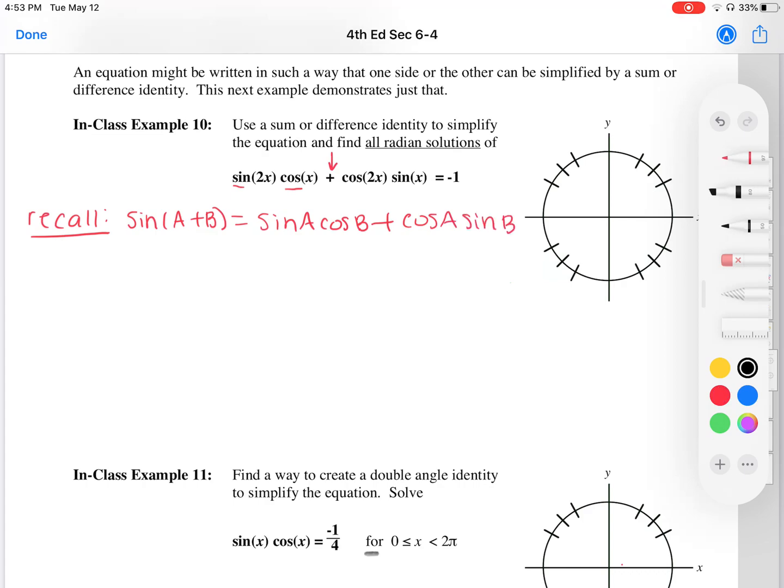And what I'm trying to highlight is that this is like this, with the exception that instead of a, we have 2x, and instead of b, we have x.